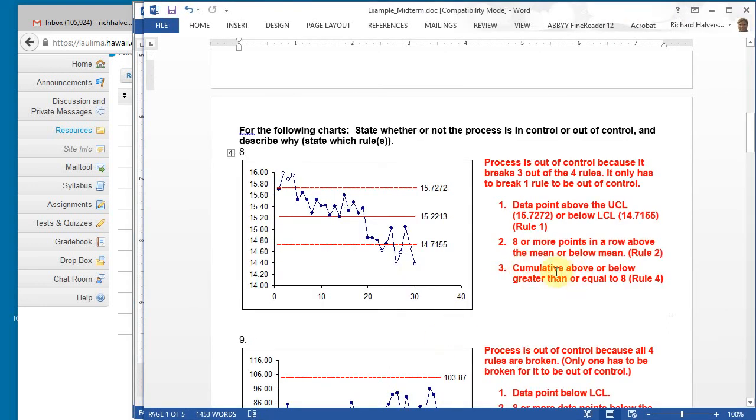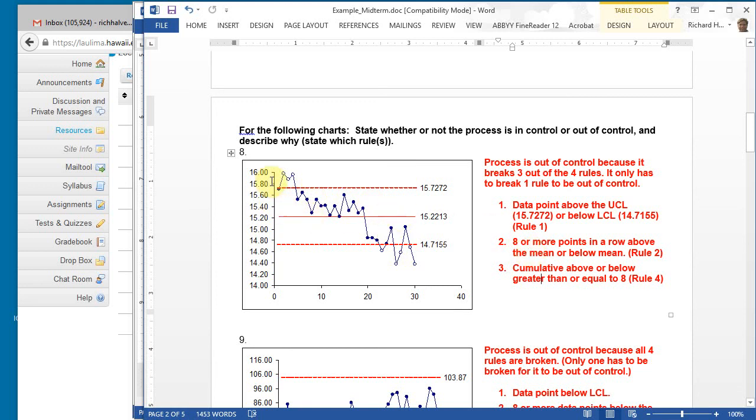The fourth rule, though, is cumulative above or below equal to 8. Yes, we are definitely breaking that rule too. Just the fact that the first 8 here are above breaks that rule also, because they're all above. So we really don't need to count.